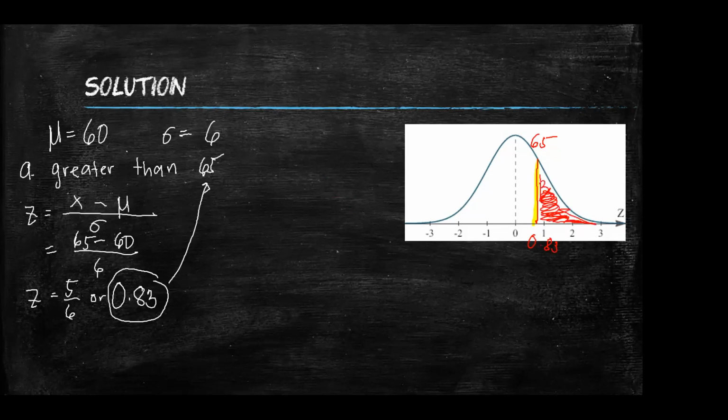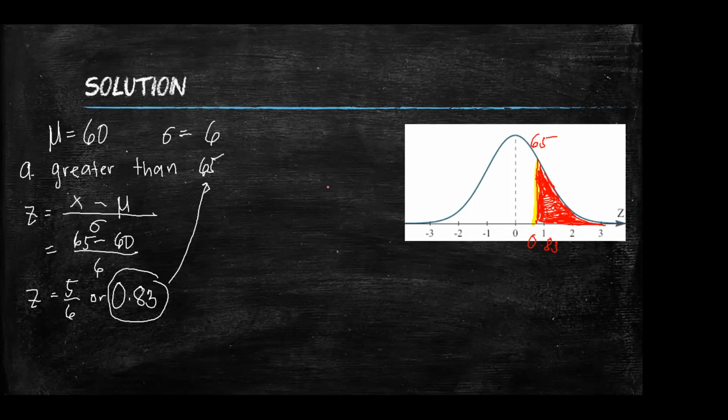Ngayon, class, para mahanap natin yung percentage ng kung ilan yung greater than 65, we need to find the area of the shaded part. Hahanapin natin yung area ng right ng 0.83, kasi yun po yung nagsisignify na yun yung greater than 65.